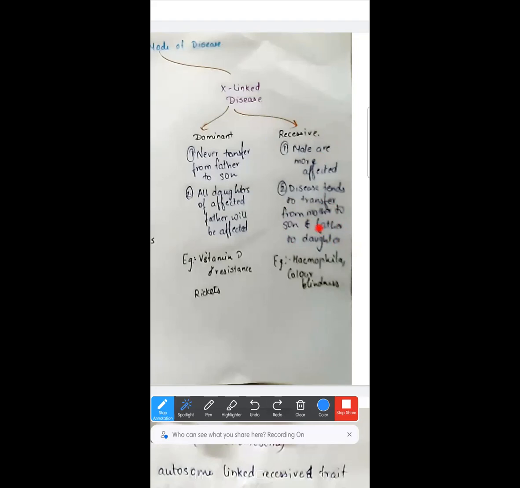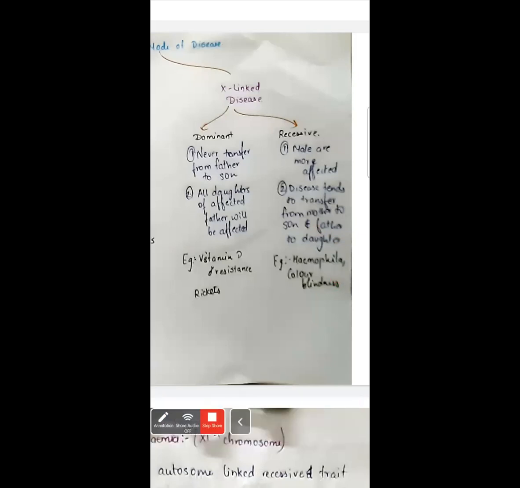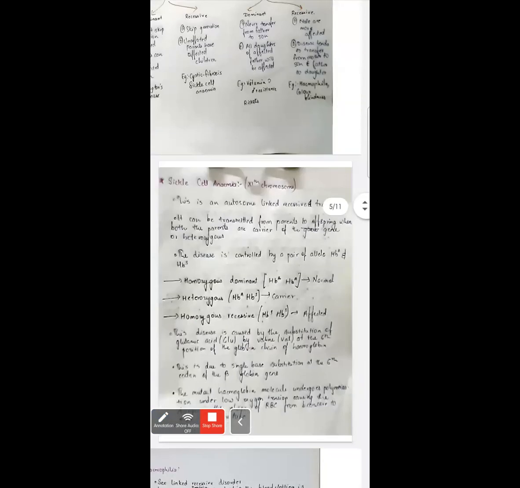And in case the father has the disorder, the daughter will inherit it. Example, hemophilia, color blindness, etc.